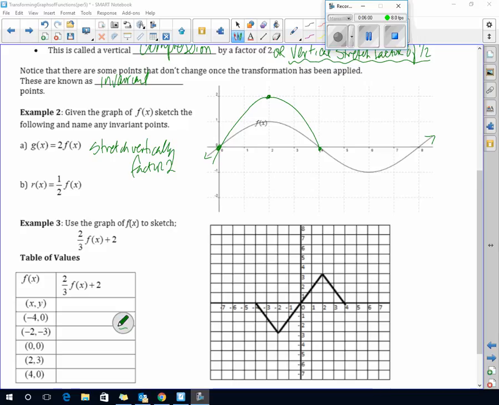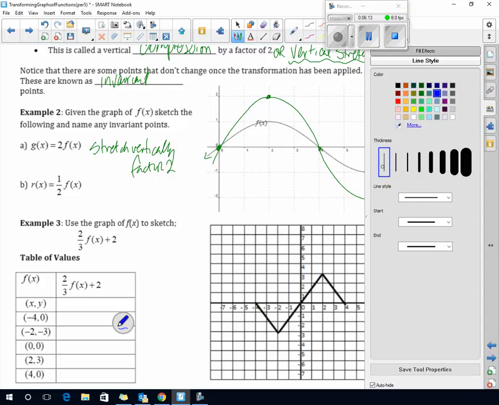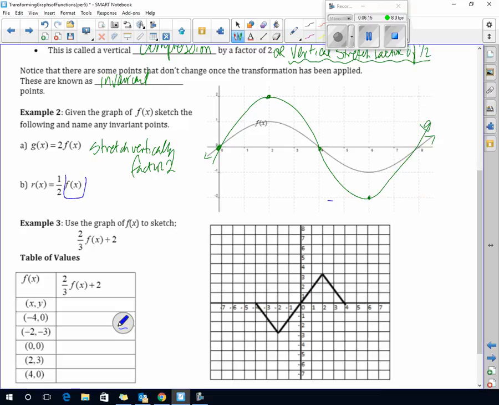The next one, again, it's affecting the y's. It's outside the function. Do you see that? So it's affecting the y's. So how do we describe this? Stretch vertically factor of 2. Whoops, I said that wrong, didn't I? Factor of a half.